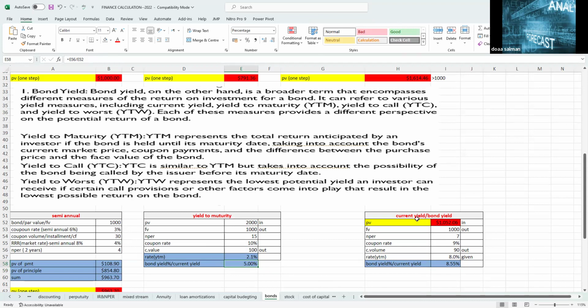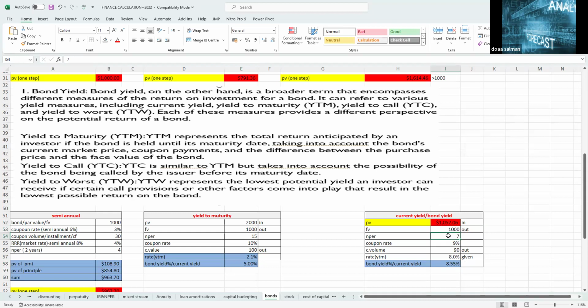Let's go for the current yield. What is the current yield here? In order to find the current yield, the present value of the bond itself needs to be calculated, and the future value is 1,000 in the future.